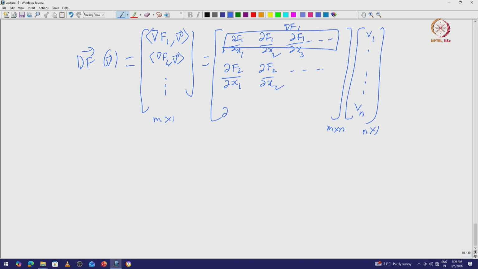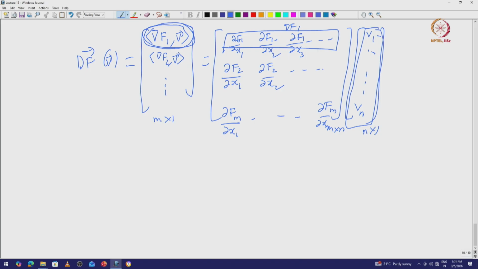The last row is df m dx1, df m dxn. Indeed, let's do a sanity check. Is this recovered? Well, what is the first entry? It's simply matrix multiplication, row by column. So it's df1 by dx1 times v1 plus df1 by dx2 times v2, and so on, which is precisely the dot product of the gradient of f1 with v.